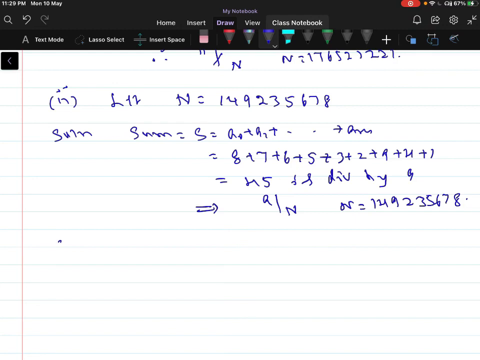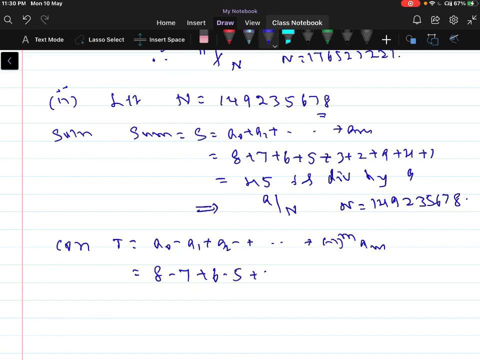So now consider t is equal to a0 minus a1 plus a2 minus, plus, and so on, plus or minus 1 to the power of m into am. So where a0 is 8: 8 minus 7 plus 6 minus 5 plus 3 minus 2 plus 9 minus 4 plus 1.